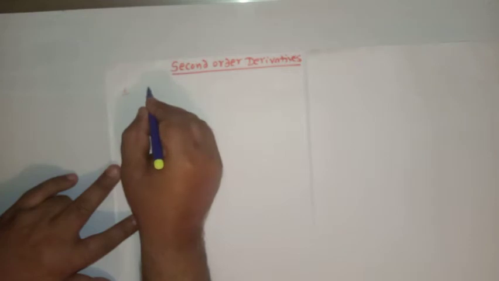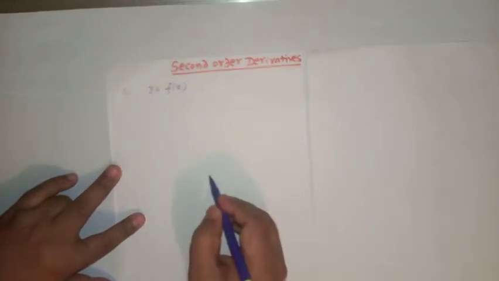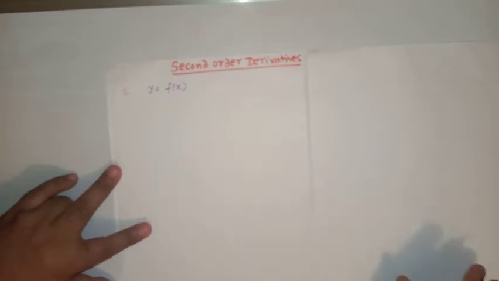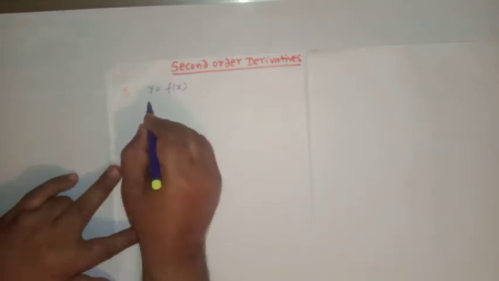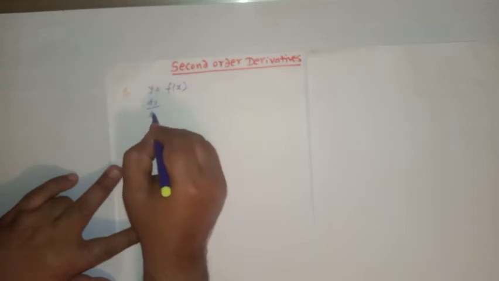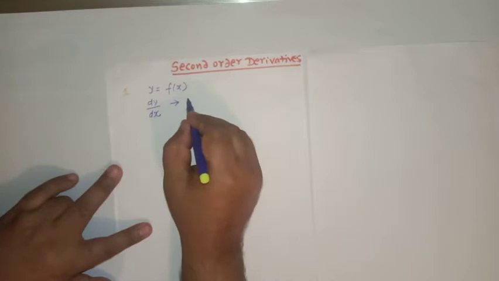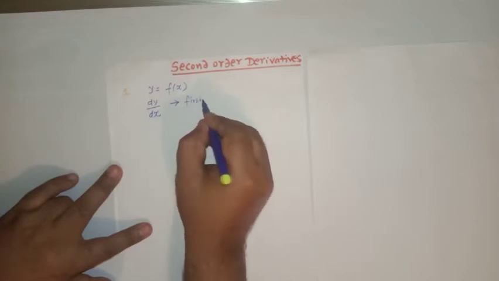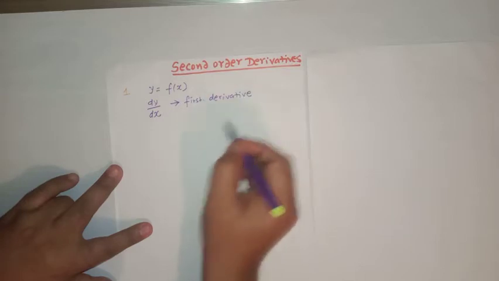Let y is equal to f(x) be a real valued function defined in its domain, then we know that dy over dx is known as the first derivative.